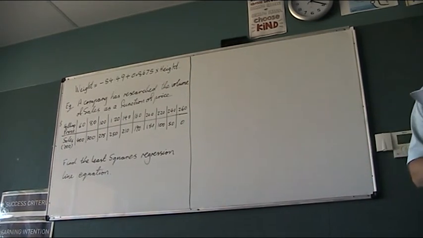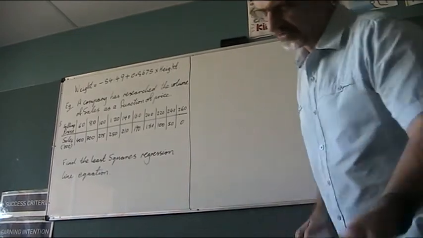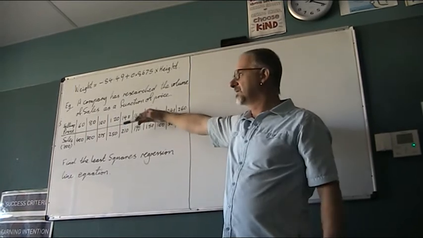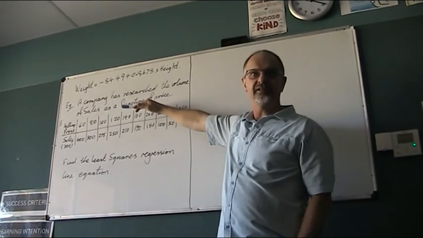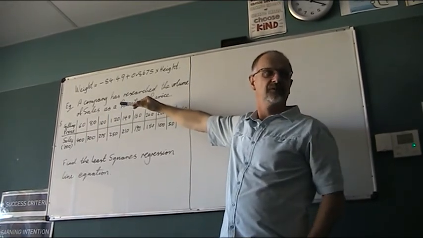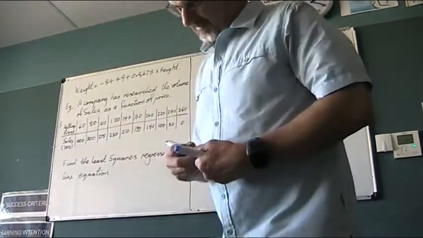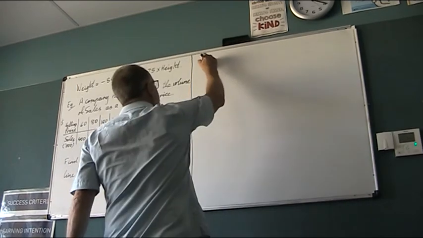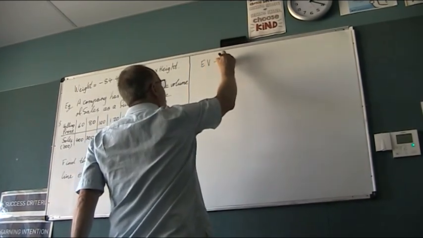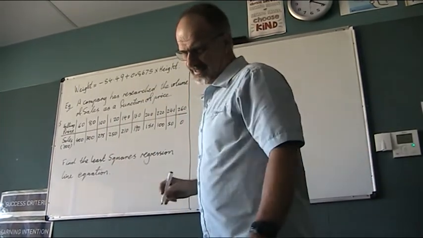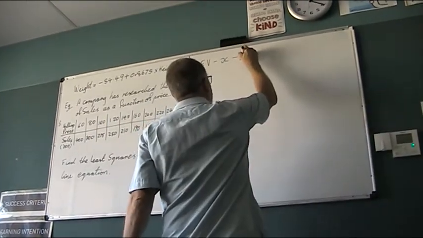All right, so on the instruction sheet. First of all, when we get a table like this, which one's the EV, the explanatory variable? The top one. Always the top one. The explanatory variable is our x, because the calculator uses x's and y's, and that's our selling price.